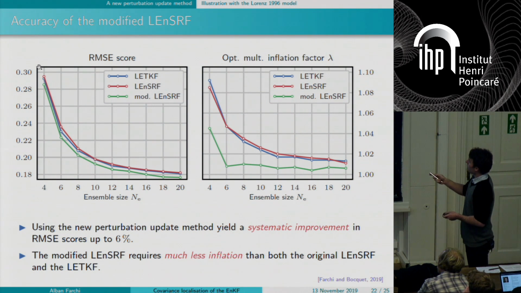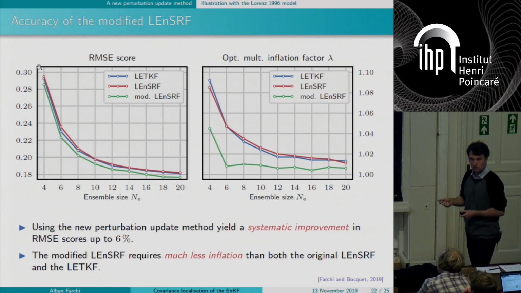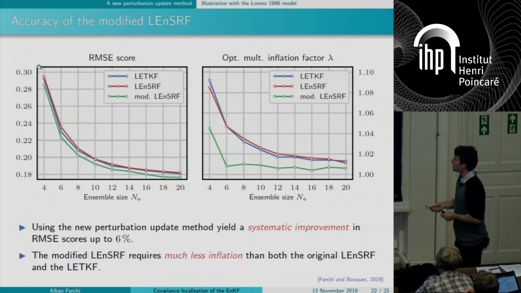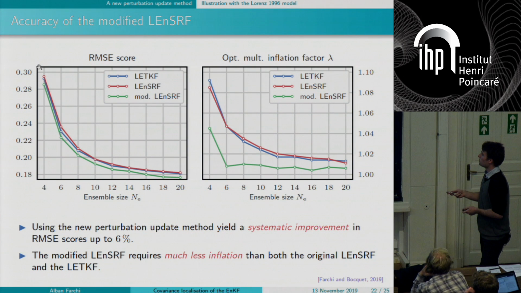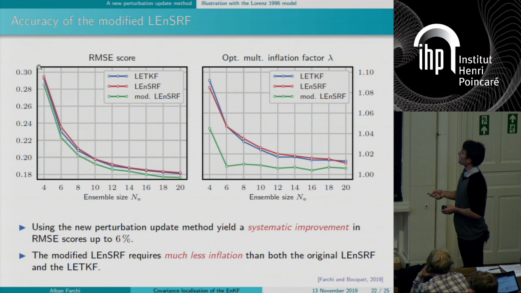So if you look at the RMSE score, you see that using the new perturbation update results in a systematic improvement in the scores. Improvement lies between 3 and 6%. So we are in the Lorenz 96 model, a very well-tuned configuration. So a 3 to 6% improvement in RMSE score can be considered quite significant.